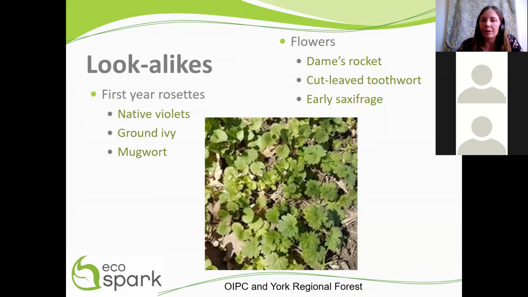For example, in York Regional Forest, here's a picture that has half mugwort and half garlic mustard. If you can take a close look there and guess which one's which. Other lookalikes the first year are native violets, ground ivy, and with the flowers, it can be confused with dame's rocket, cutleaf toothwort, or early saxifrage. Just to be mindful.